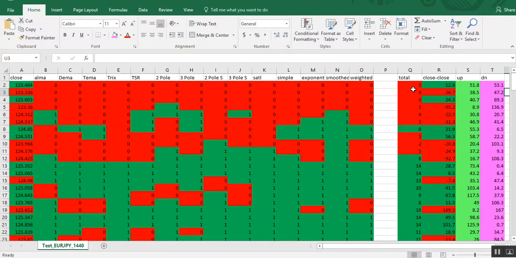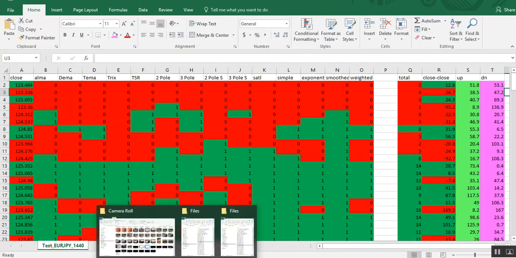Okay, now let's go back to files. Let's see here. All pairs reduced. You know what, I probably even had the thing pulled up.